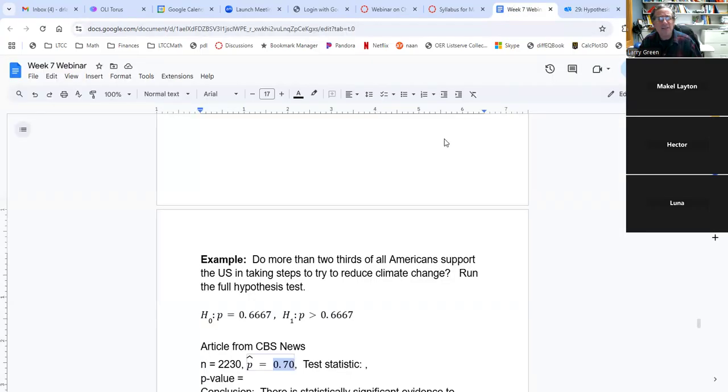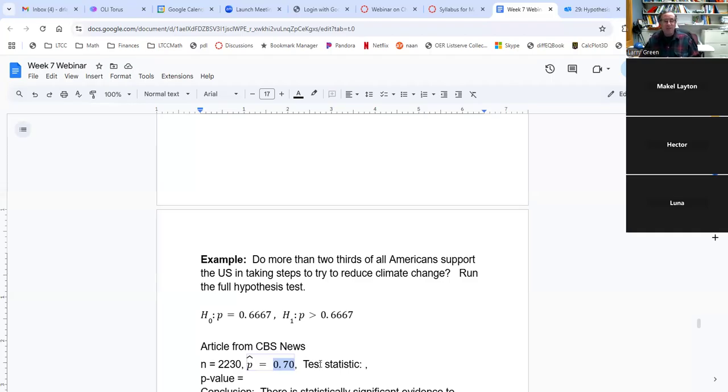How do I get X? How do we get X here? A little bit of math, not too hard. Because I'll let you know, I read the news article and it didn't give X, it gave P hat.